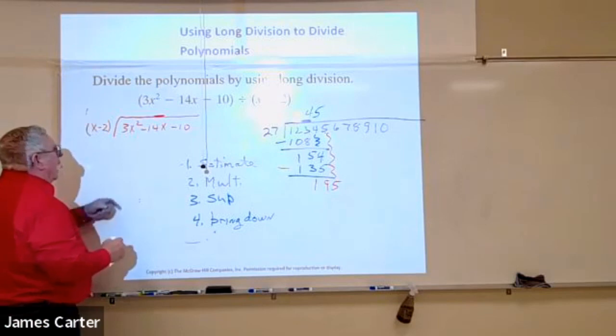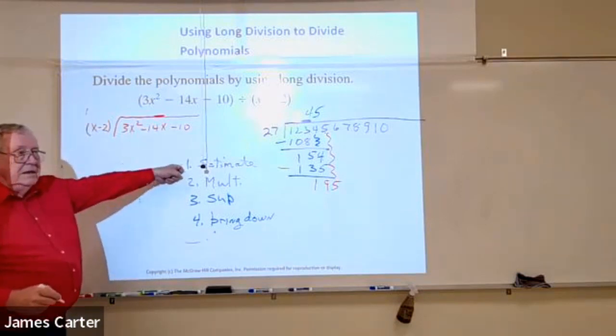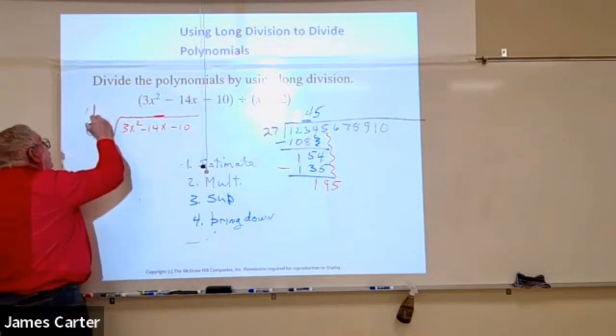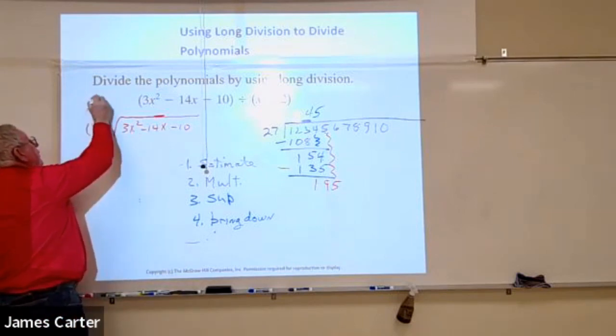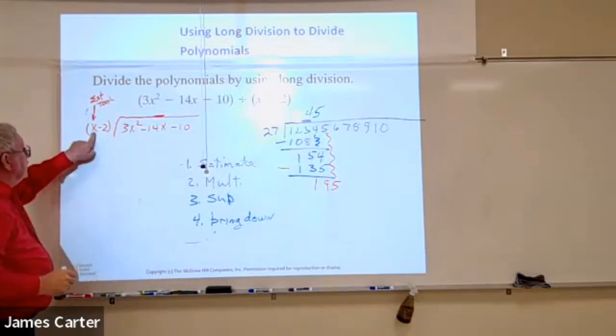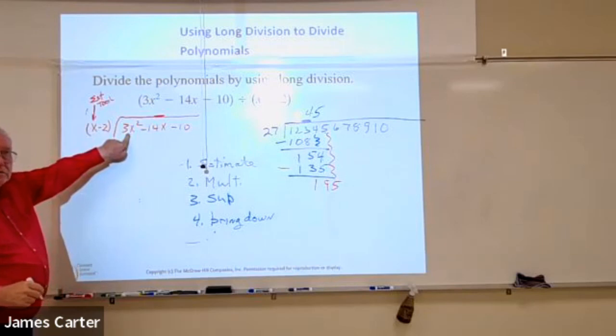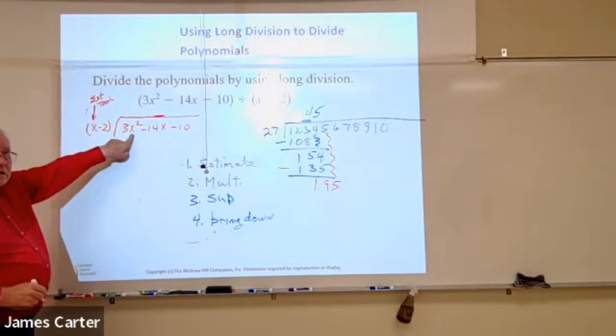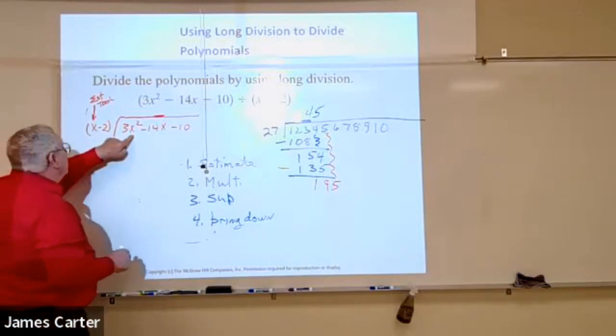Now, I gotta estimate how many times this goes into that. Right here is your estimator tool. What do you have to do to this to get that? I have to multiply this times 3x to get that, right? Okay.